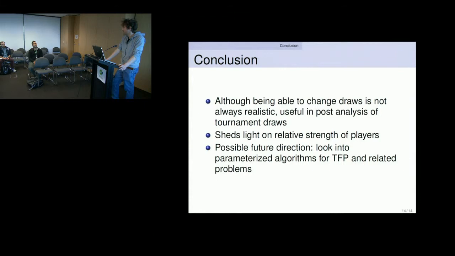In practice, I think there are heuristics you can use to find seedings or draws relatively easily. So in practice, it's possible to do, even if it's NP-complete and not polynomial time. Yeah.